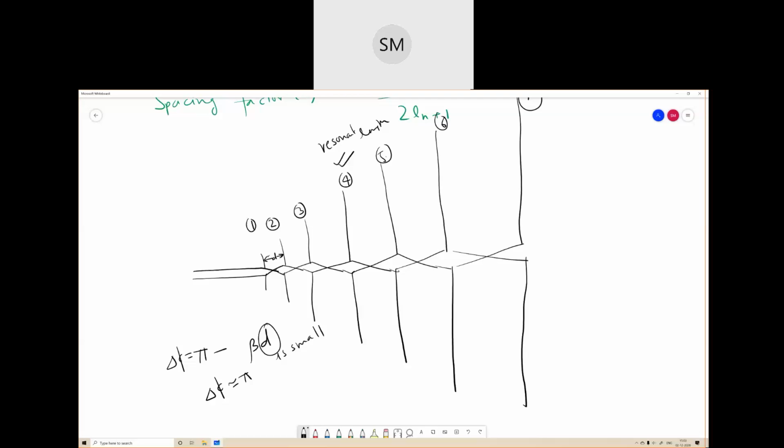Since the capacitive elements 1, 2, 3 are close to each other, d is very small, so the phase difference is pi. These elements are very close to each other, and they are fed 180 degrees out of phase. So their radiation will cancel each other.